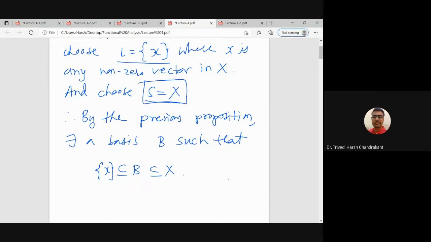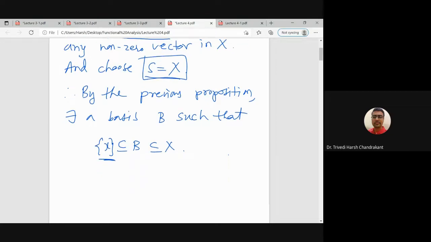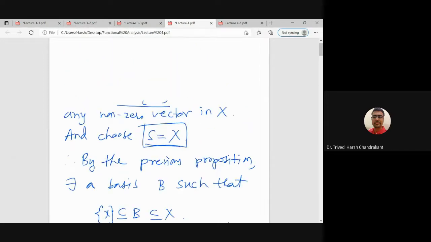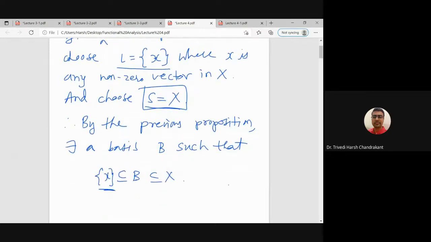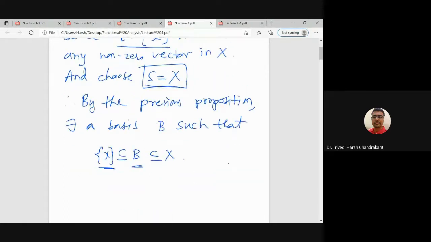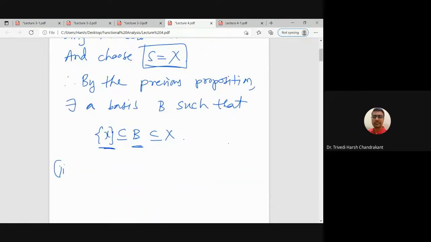We always get a basis which contains a particular element. This result we already know in the finite dimensional case: if we are given any non-zero vector, we can always expand it to a basis. But in the infinite dimensional case, this is a non-trivial thing, so we are proving it using this proposition.